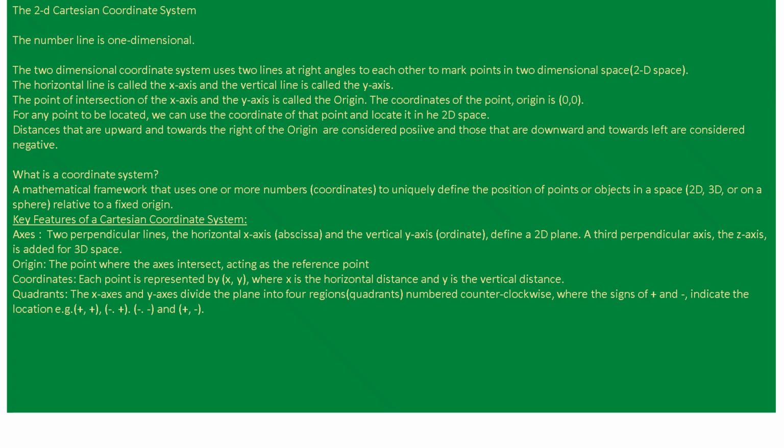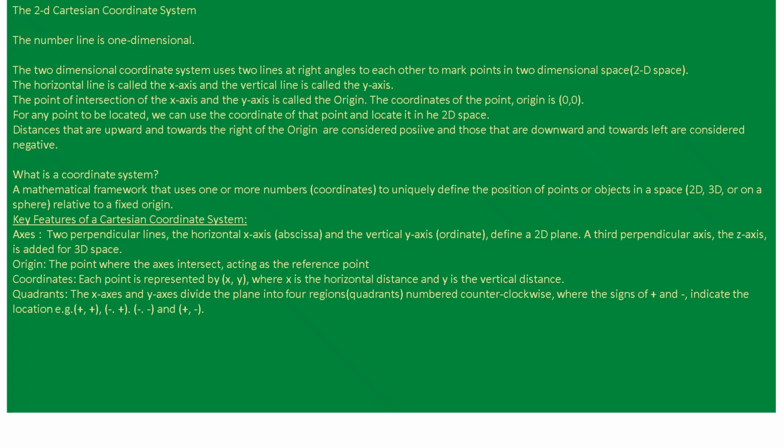The coordinates. Every point in the two-dimensional space, in any one of the 4 quadrants, is represented by (x, y), where x is the horizontal distance from the origin and y is the vertical distance. The space is divided into 4 regions, the 4 quadrants.